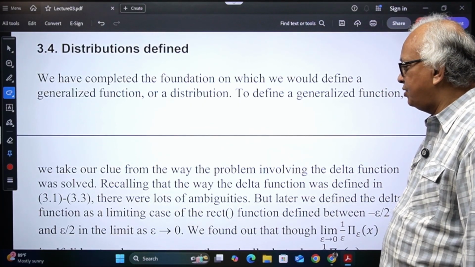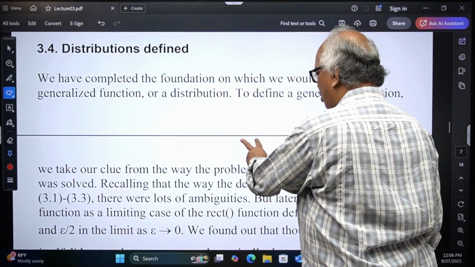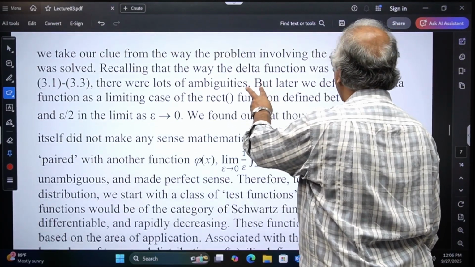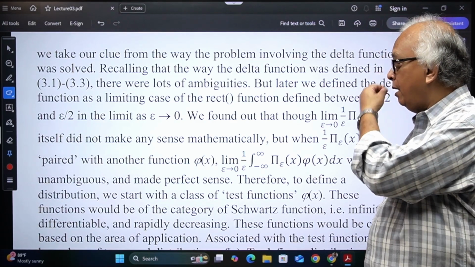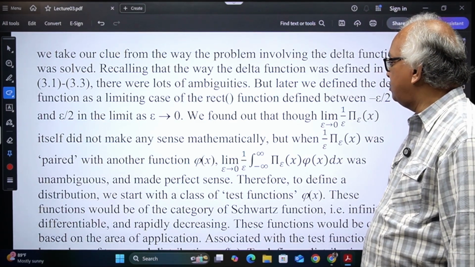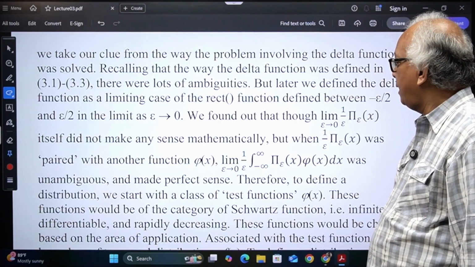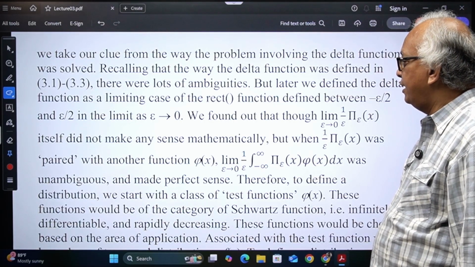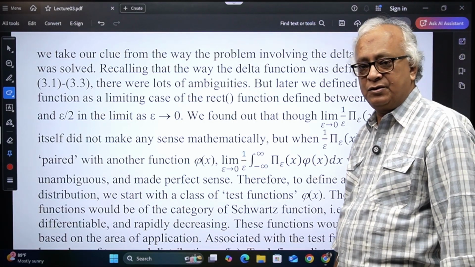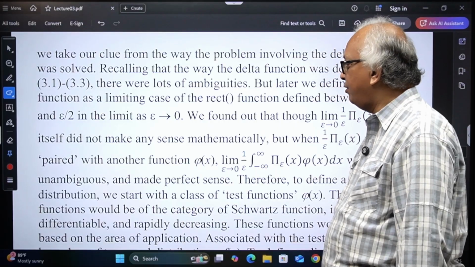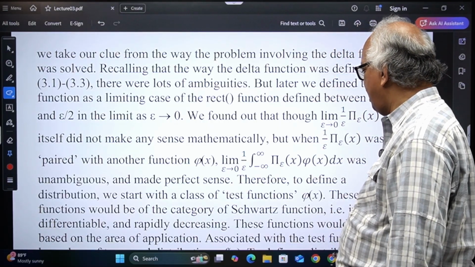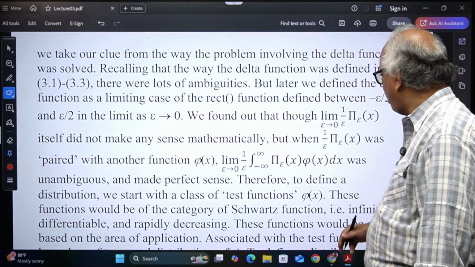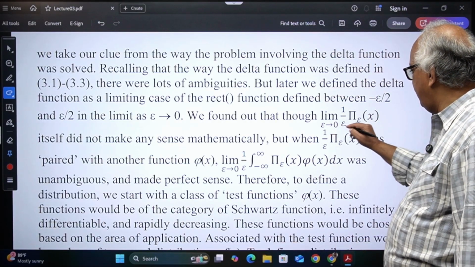To define a generalized function, we take our clue from the way the problem involving the delta function was solved. Recalling that the way delta function was solved was that there was a lot of ambiguity in the way it was defined. Therefore, there's a problem.